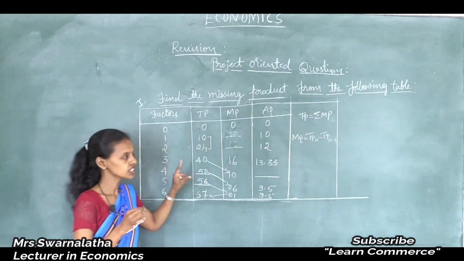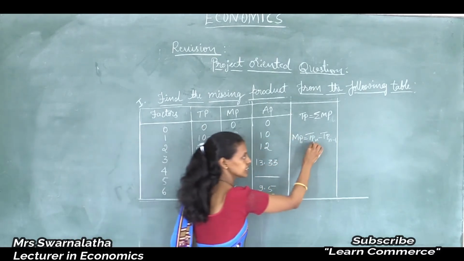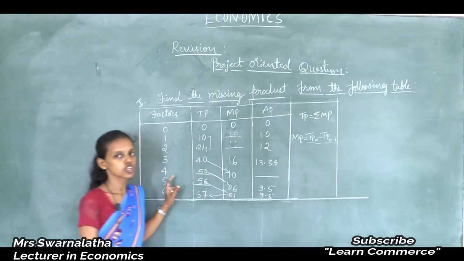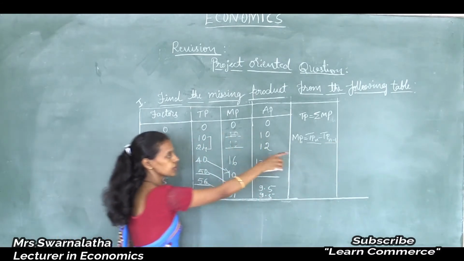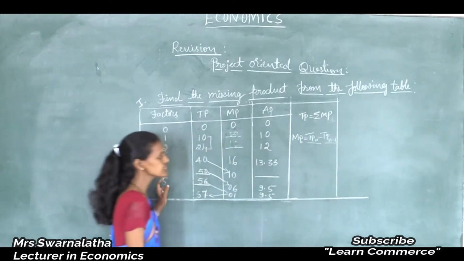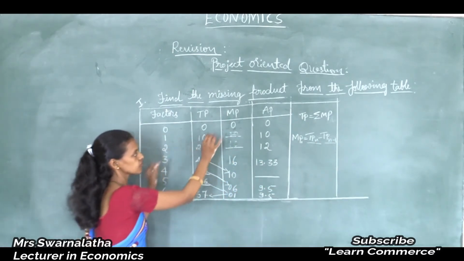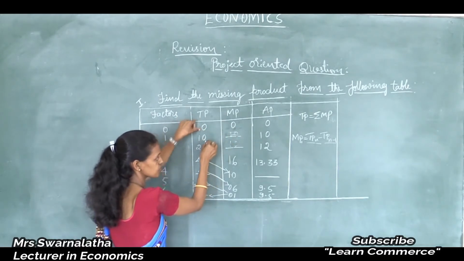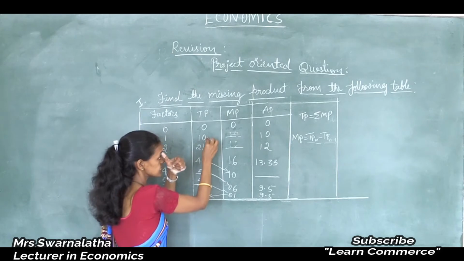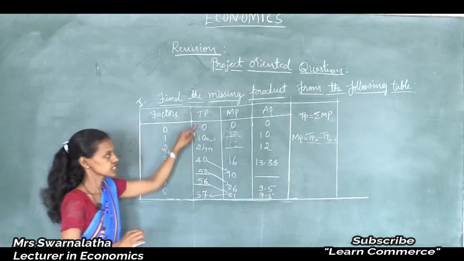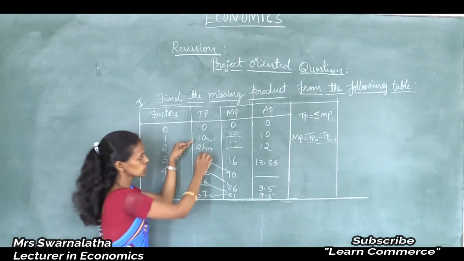As I already said, TPN is the current unit and TPN minus 1 means the previous unit. So total product of the current unit and total product from the previous unit. Thus, see here, now TPN minus TPN minus 1. 24 is the TP. You should see the TP column, the total product column.